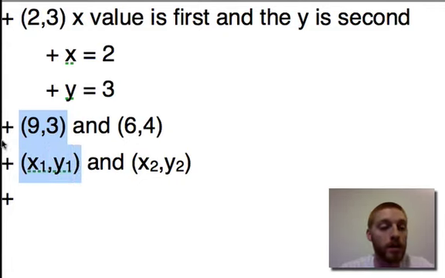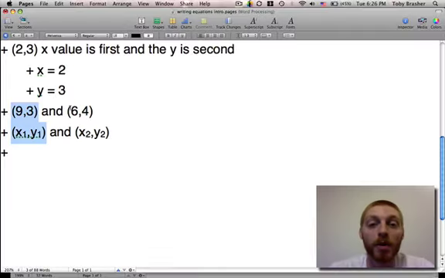Still, we always have that our x is first and our y is second. When we have two ordered pairs, we have to make some kind of distinction between the two x's and the two y's we have, so we use these subscripts.